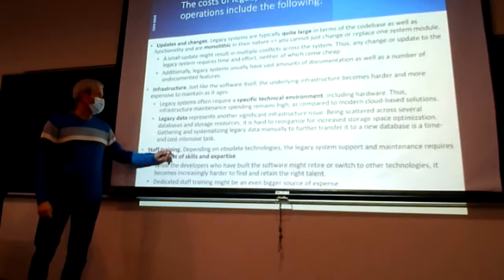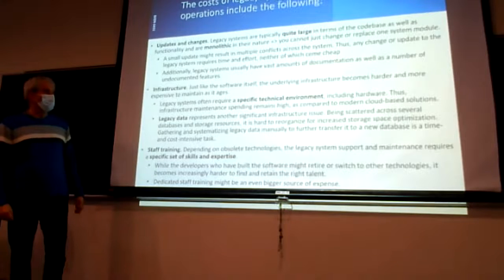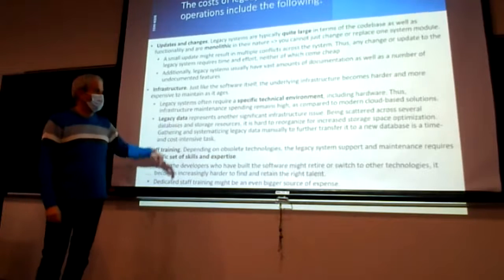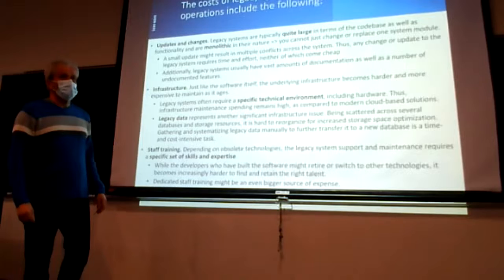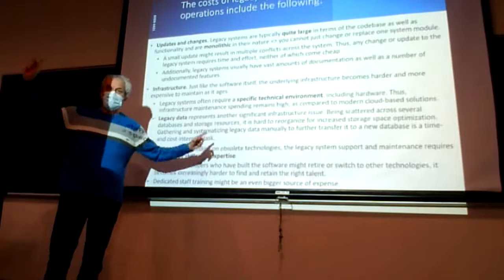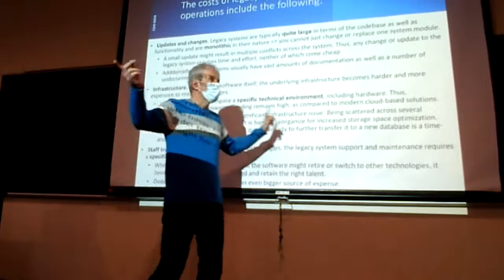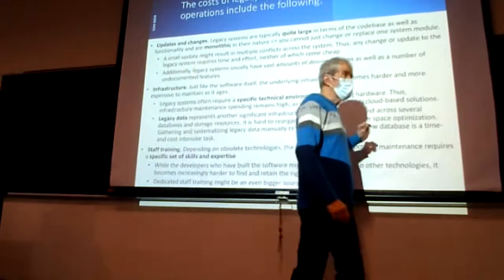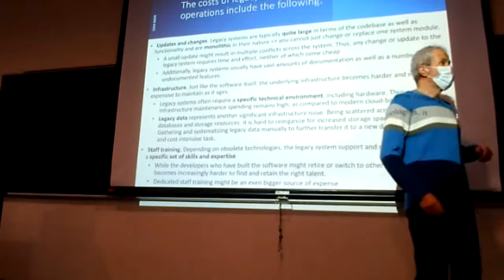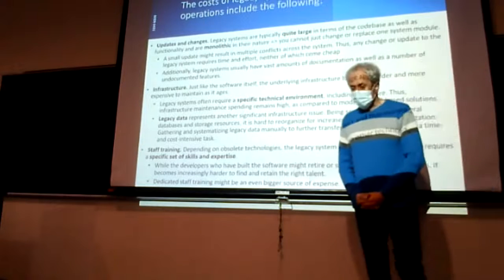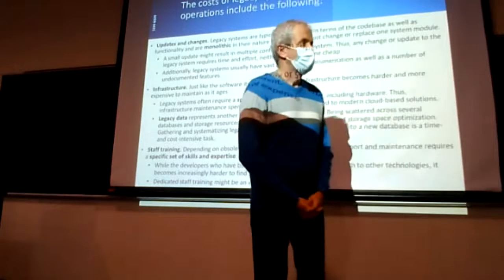So you can see data represents also another significant infrastructure because the data might be spread out over dozens of different databases over time. Why? Let me give you an example.